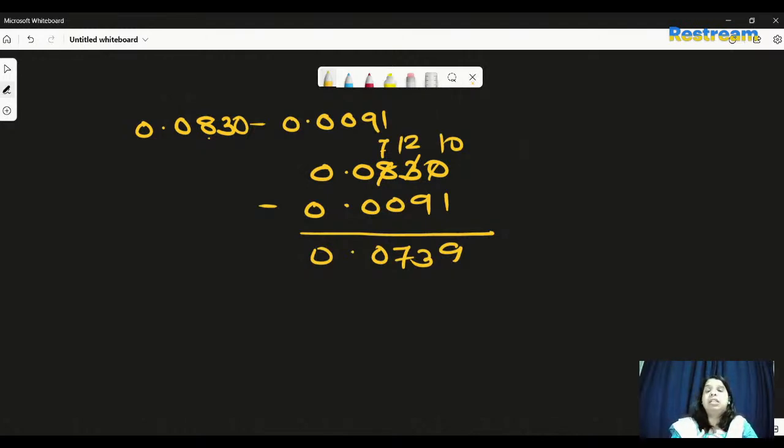Every time I teach mathematics, I keep emphasizing that the rules you have learned in earlier years will still follow when you are learning something new. The rules you have learned for addition and subtraction of whole numbers or natural numbers will still apply to decimals. There are going to be a few more rules of decimals added on top of that.